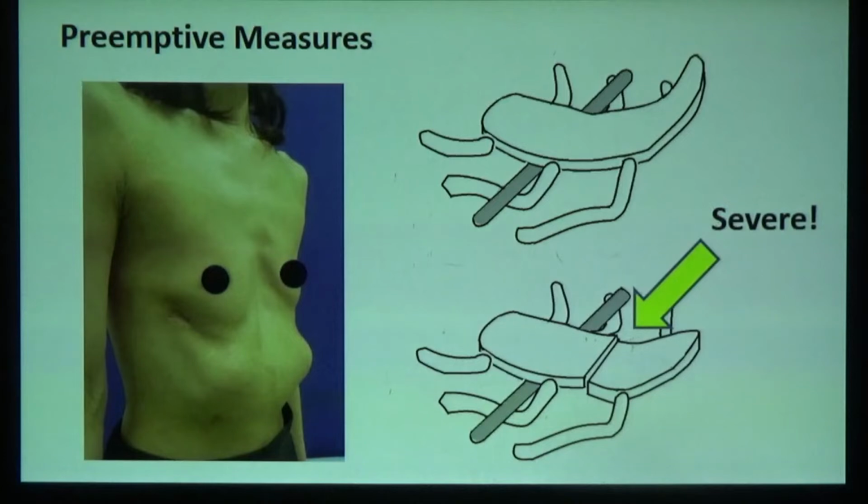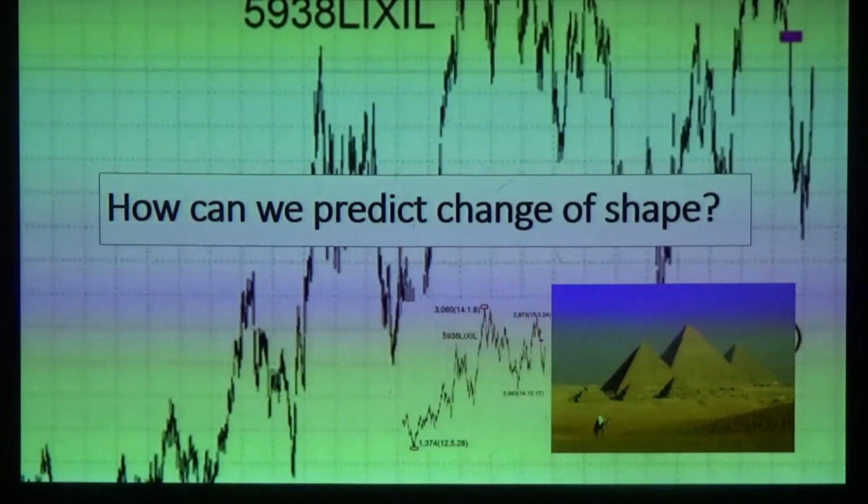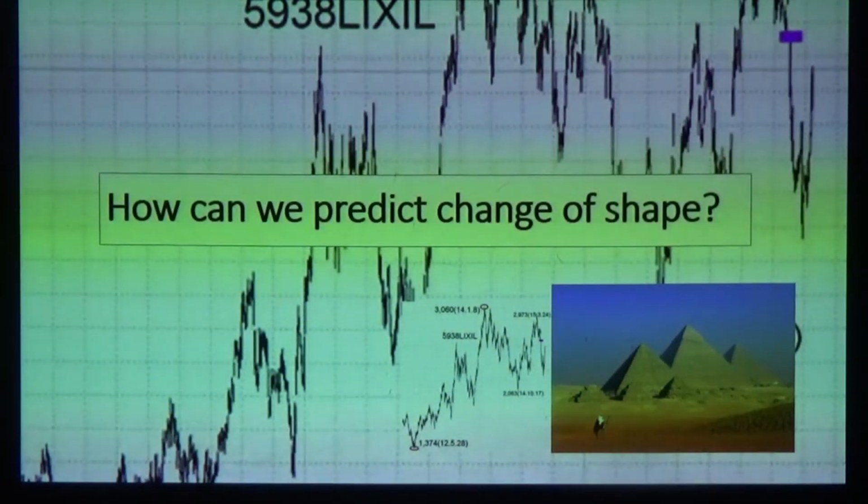Out of such clinical necessity, we have sought ways to predict the changes of body shapes resulting from operation. Now, the purpose of my study should be apparent. Next comes how. How can we predict the change of human body shapes?